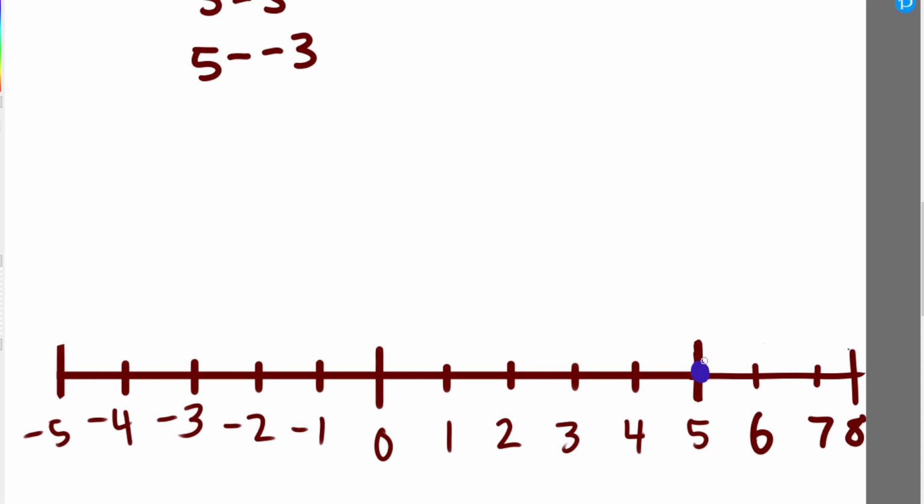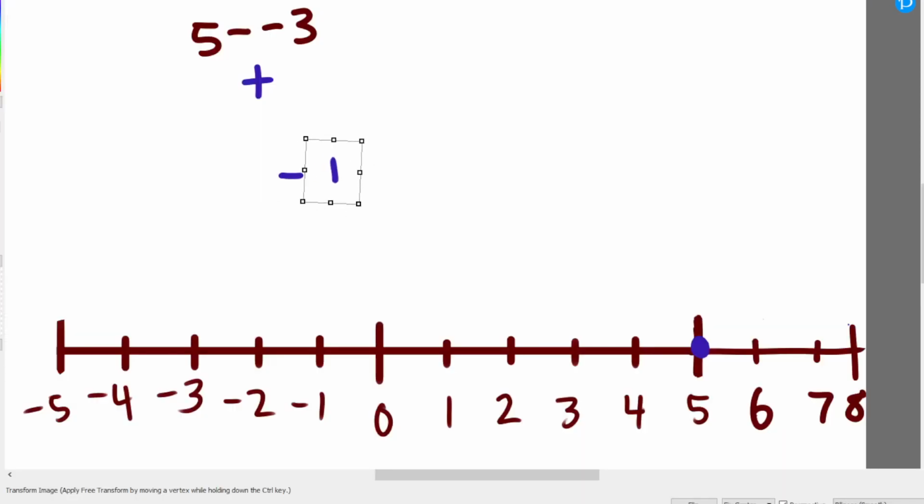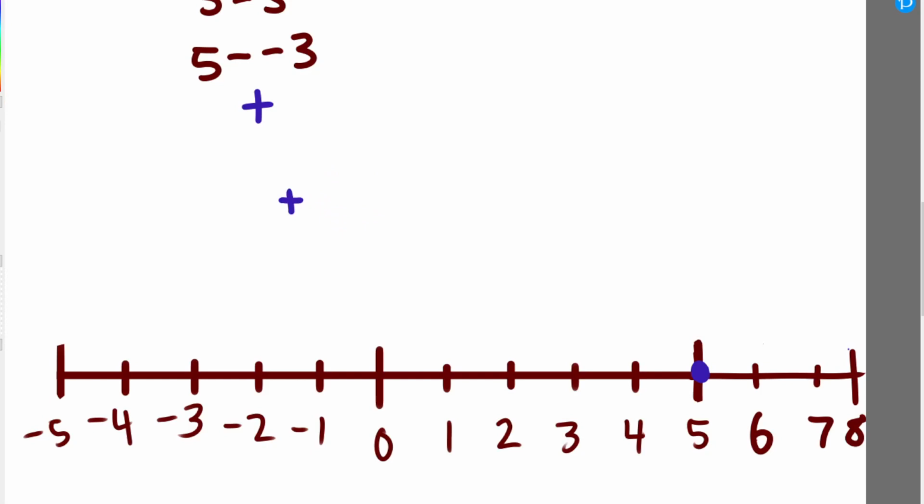So we're going to take these two that are right next to each other and turn them into a positive sign. And it only works for the ones that are very close together like that. So we can take these two negatives and flip it. We have a positive now. So now we're going positive 3.